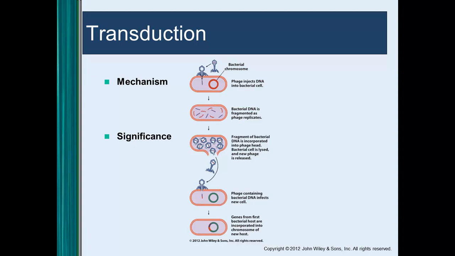Another interesting thought is that some animal viruses probably brought along genes from their previous hosts when they infected new human hosts. And lastly, and this is most important to molecular genetics, is that transduction provides scientists with a way to study gene linkages. Genes are said to be linked when they are so close together on a DNA segment that they are likely to be transferred together.